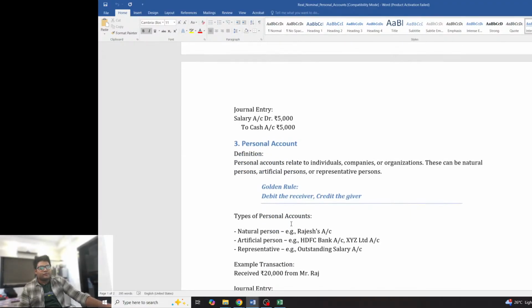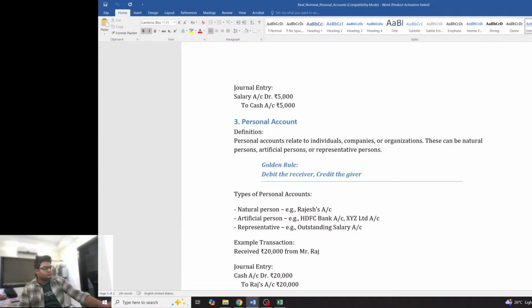Now coming to the third point, some of the items that will be covered are debtors and creditors. Personal account relates to individuals, companies, or organizations. There can be natural person, artificial person, or representative person. The main rule for this is debit the receiver, credit the giver.